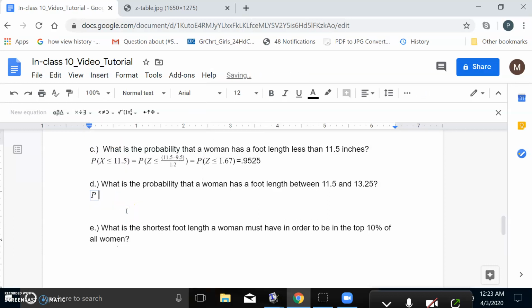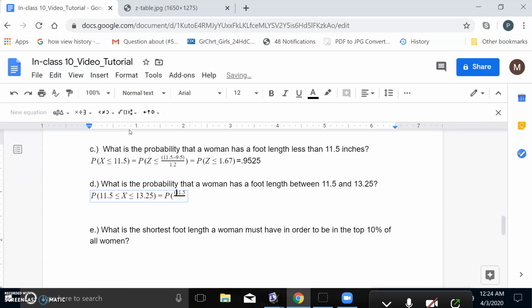So we're looking at the probability that the foot length is between 11.5 less than or equal to x less than or equal to 13.25. So we have to do z-scores on these to change it to a standard normal. So the first one is 11.5 minus the mean for women.